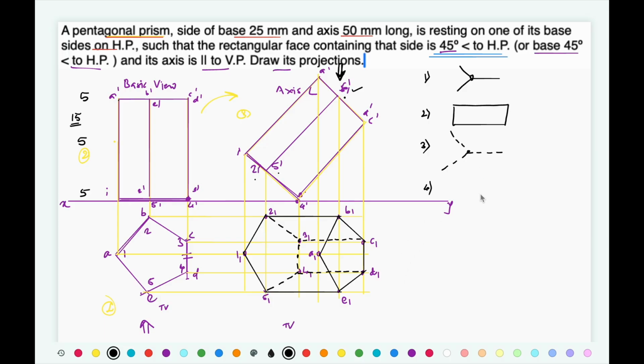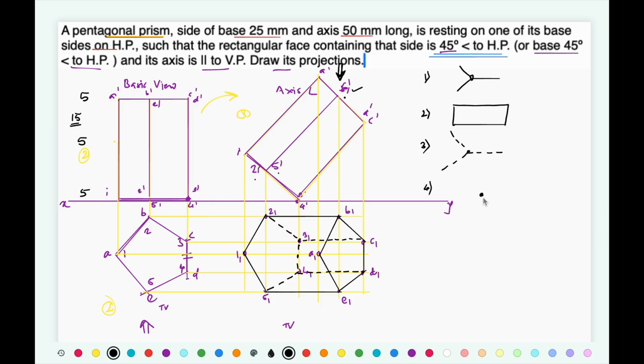Rule number 4, for any internal corner. Now what is meant by an internal corner? This 1 2 B C D E and 5, these are corners on the boundary line of the solid. The corners which are inside that boundary line, that is corners 3, 4 and A, are considered to be internal corners.